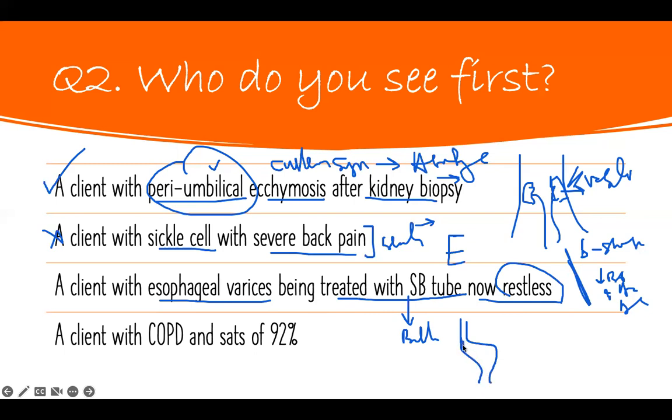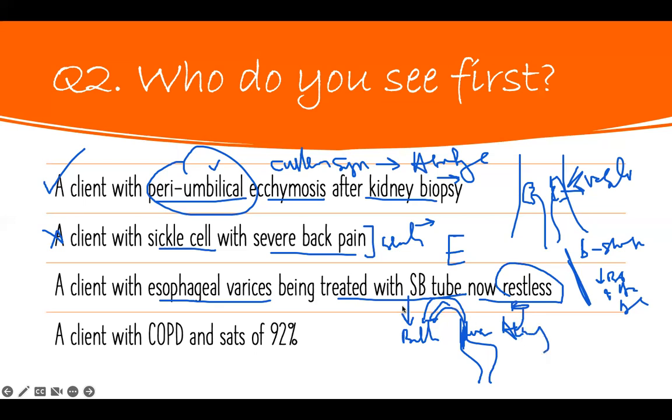So it's a tube, it's a balloon, it's like a Foley catheter with three-way catheter, and it comes out from your mouth, and it has three-way, and they blow it up and they stop the varices from bleeding. One complication of this is sometimes the tube can migrate and go into your upper airway and it causes respiratory distress and it becomes airway. Even though we're treating a breathing problem, it turns into airway.